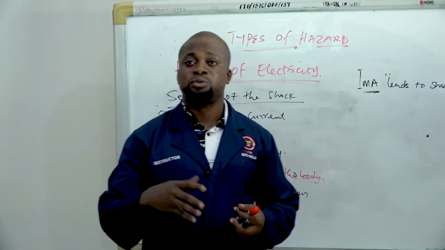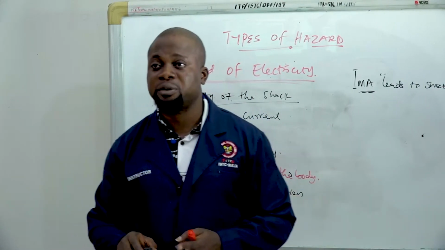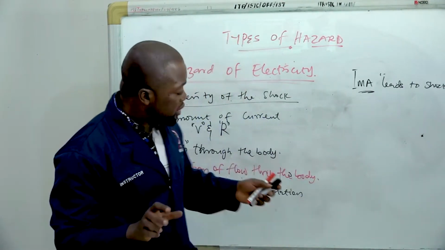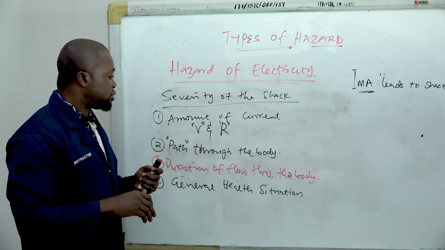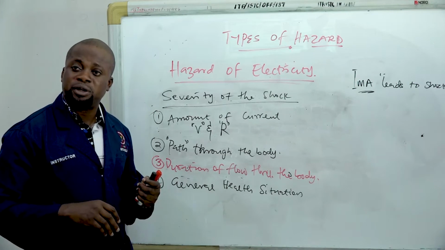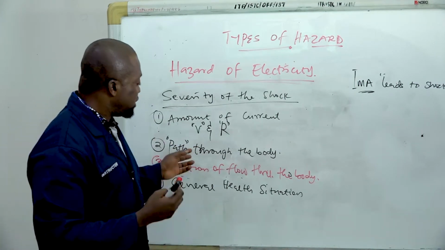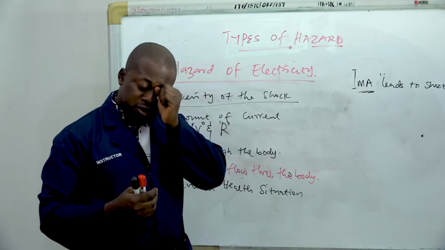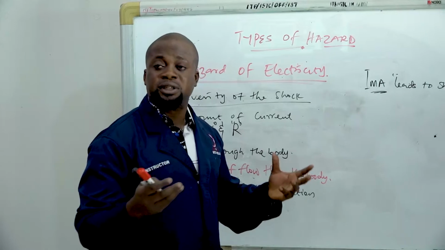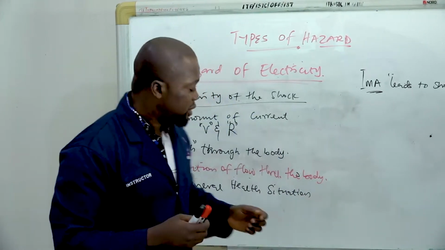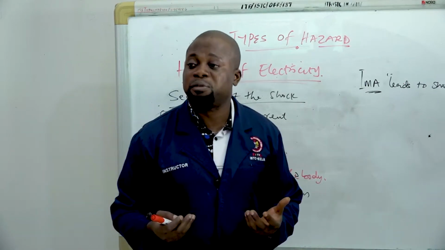So we need to be prepared when carrying out electrical work. Consider these four factors: the amount of current that enters the body, the path through which the current flows, the duration, that is the time you are in contact, and of course, the general health situation.